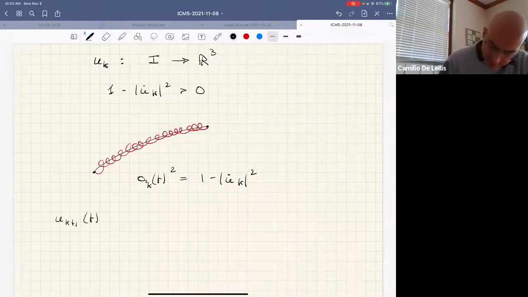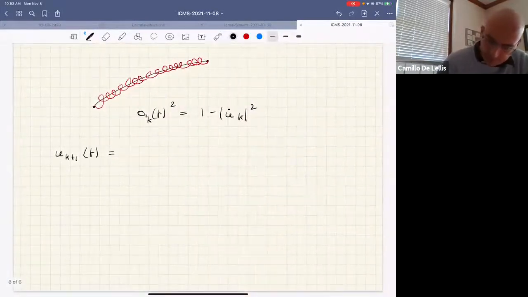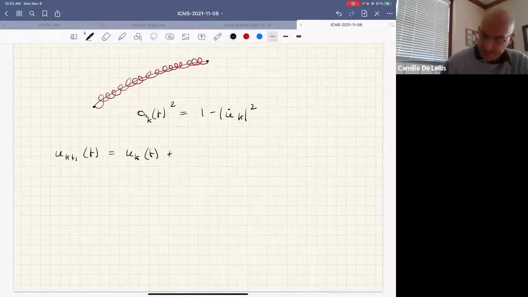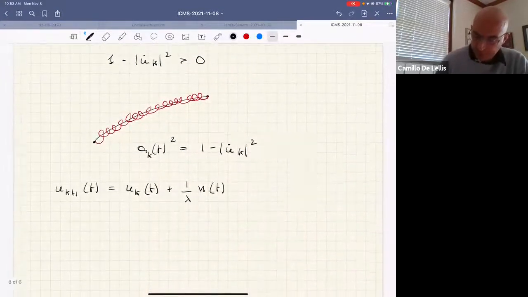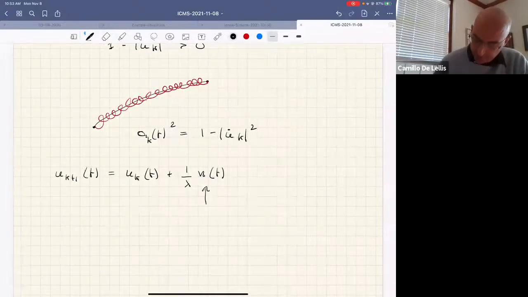Let me take a very precise ansatz over here, where I am oscillating very fast. Let me put over here the normal to my map u_k.